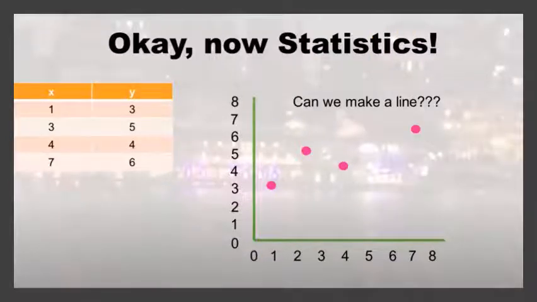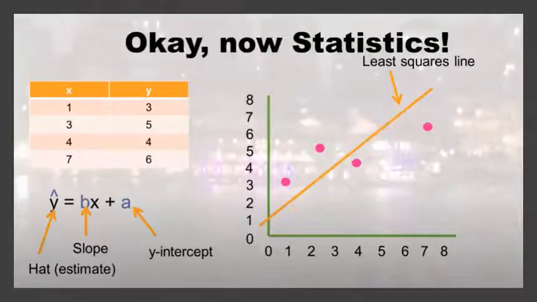Remember that? Okay, now here's statistics. We definitely don't have a perfect line, obviously, but we can make a line. Yay, the statistics version. So here's your least squares line in this situation. Pretty much the biggest difference between the equation that you would be using for the old algebra line and the statistics least squares line is the fact that this is an estimate. The equation is y with a hat on top equals bx plus a.